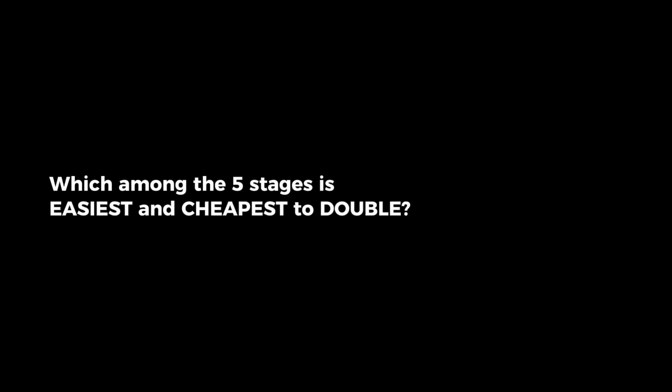And then, question number 2, among the stages that you did score, so anything above 0, which would be the easiest and cheapest to double? For instance, is it easier for you to double new lead generation by tweaking your top channel, like attending one more convention or one more event or sponsoring an event?